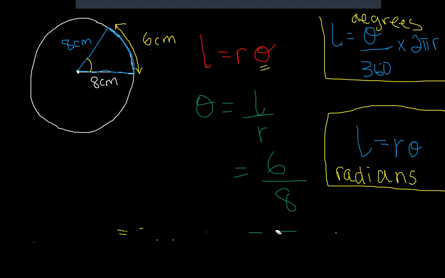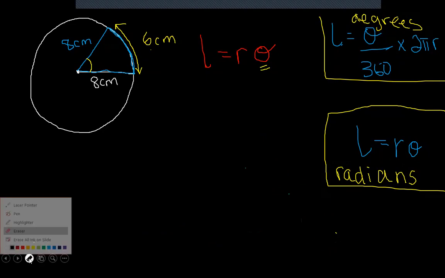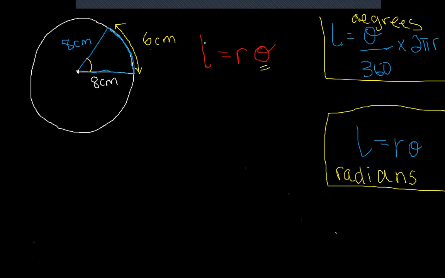So let me just show you one thing. Here I made theta the subject of the formula before I substituted my values. I was saying you don't necessarily have to do that. I do recommend making it the subject of the formula, but if you wanted to, you could have substituted your values right away. So I know L, which is the length of the arc, is 6. So you put 6 is equal to R, which is 8, theta.